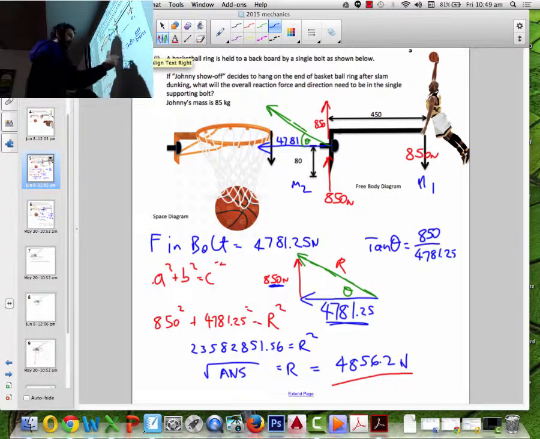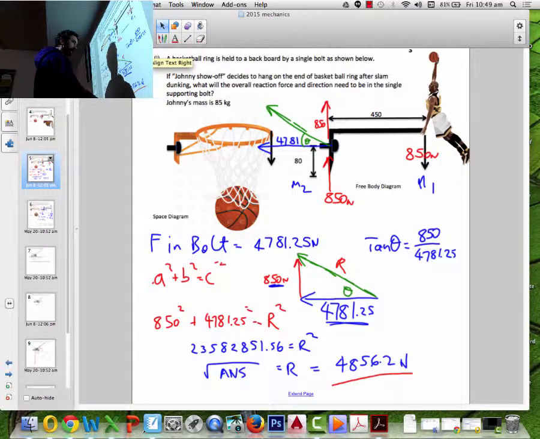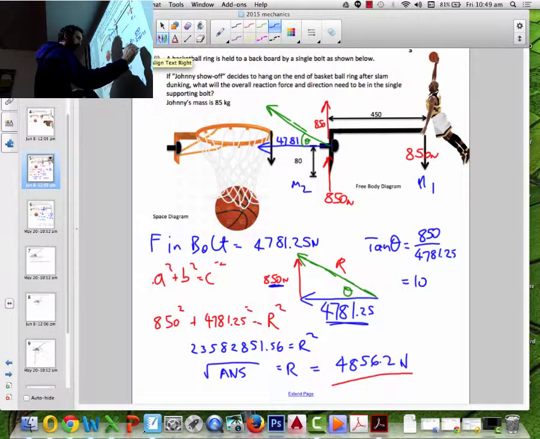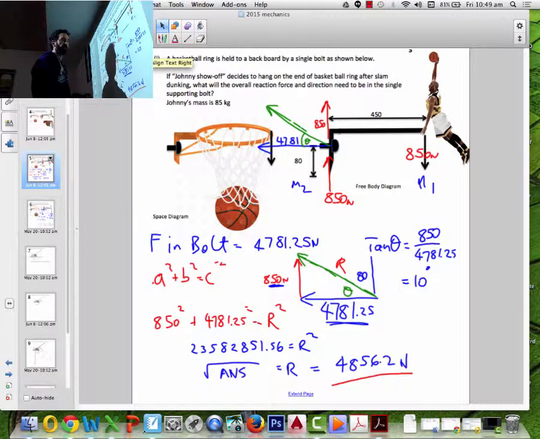Okay, that angle is 10 degrees to the horizontal. That also means that to the vertical, the angle here is 80, because in total it's 90 minus the 10. So you could either write 10 degrees to the horizontal or 80 to the vertical.